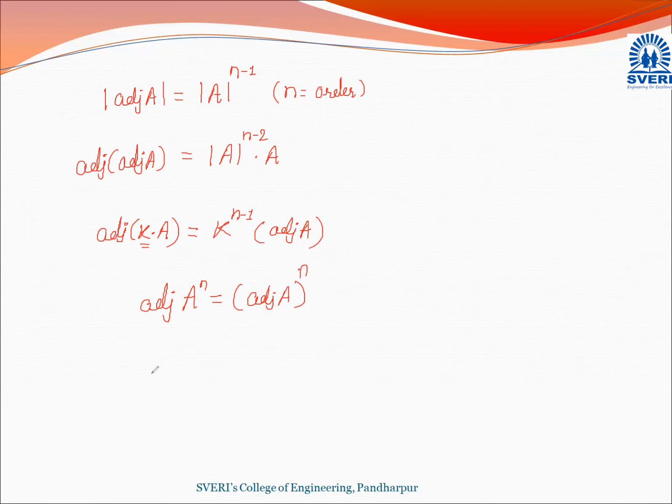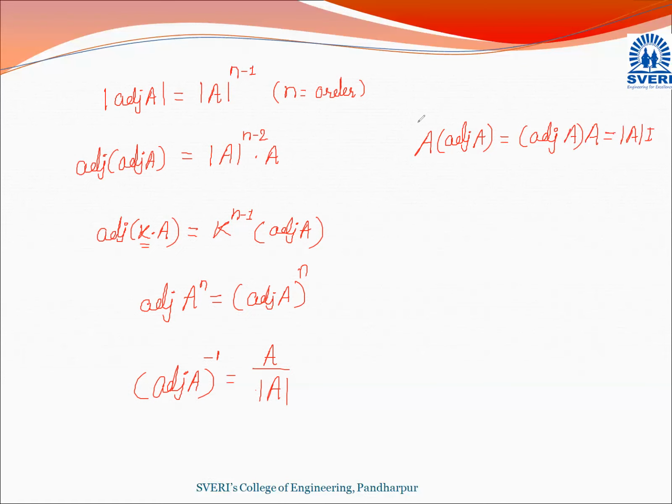The next, adjoint of A inverse is equal to matrix A divided by determinant of matrix A. After that, next property: A into adjoint of A is equal to adjoint of A into A is equal to determinant of A into I. And next one, determinant of K into A is equal to K raised to n into determinant of A. These are the shortcut methods to find the determinant or adjoint of the given matrices.